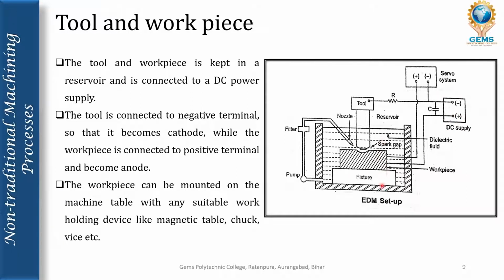The workpiece can be mounted on a machine table with any suitable work holding device like a magnetic table, chuck, vise, or any fixture. So the workpiece is kept inside the reservoir with the help of a fixture.